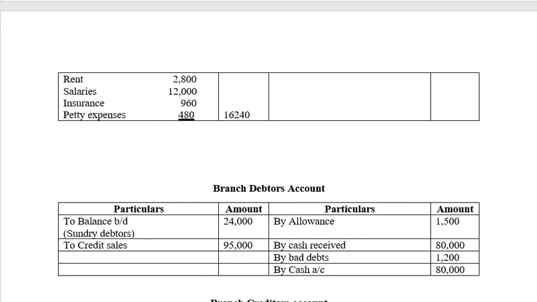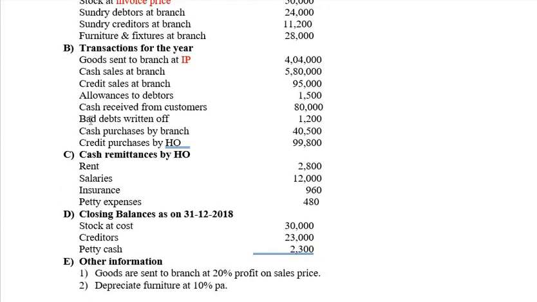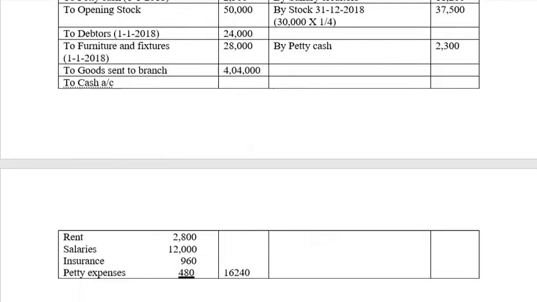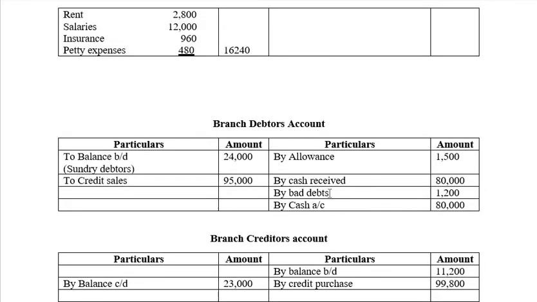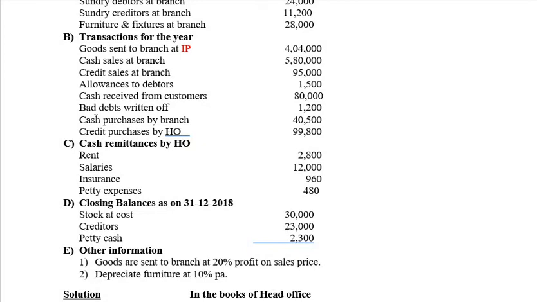Next, after cash received from customers, the next entry is bad debts written off. Bad debts written off will directly go to the debtors account, and the amount is 1200. So to the debtors account, by bad debts 1200. Okay, next. After bad debts, cash purchased by branch.